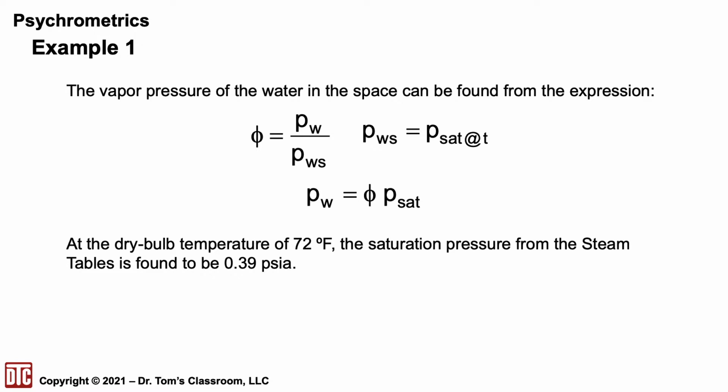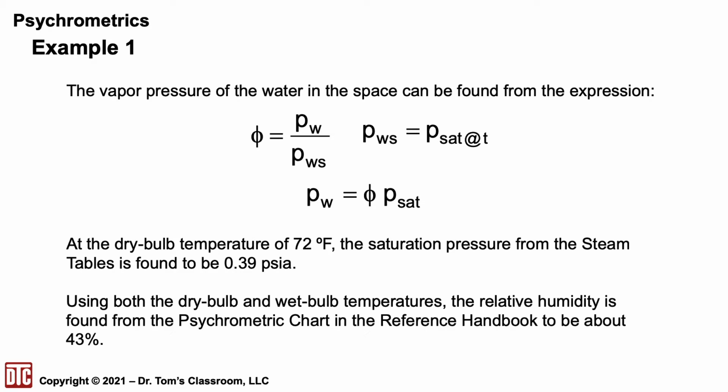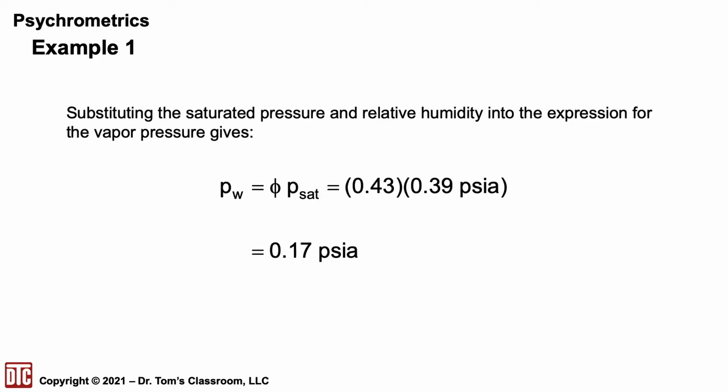And at 72 degrees, P sat is 0.39 psia. And my relative humidity is about 43%. And so I can then plug those numbers into my relationship. 0.43 times 0.39 psia, and I come up with my answer, 0.17 psia.